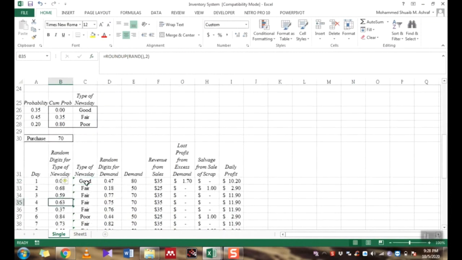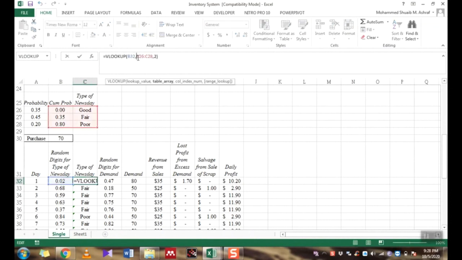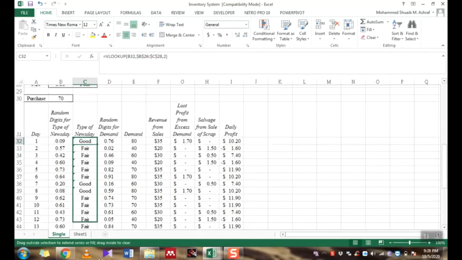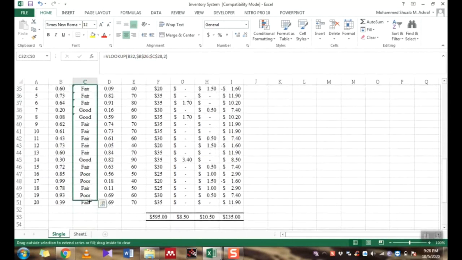Okay. So we got the type of news day for day 1 with this random value. We can fix the cells, and then apply this to all the cells.